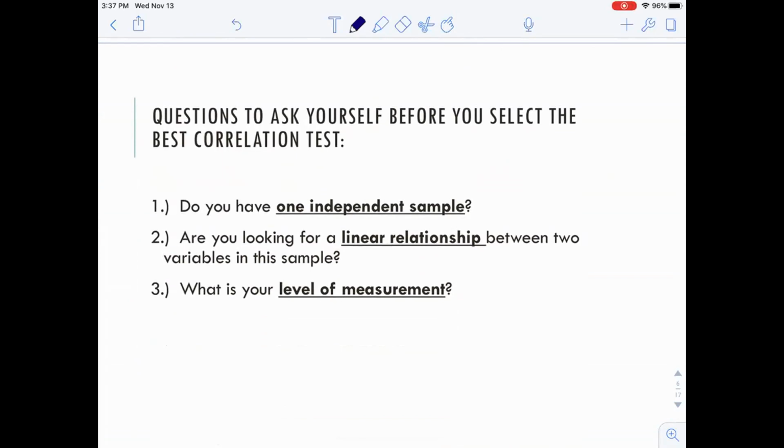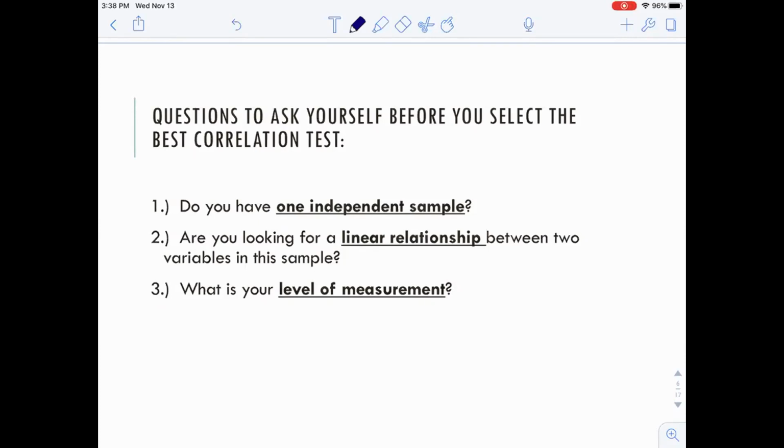There's a couple of tests that we're going to talk about. The main ones being the Pearson's correlation coefficient, the Spearman correlation coefficient, and then we've already talked about the chi-squared, but it's also a correlation test. So we want to make sure that we have one independent sample, so our data has to be from the same sample.